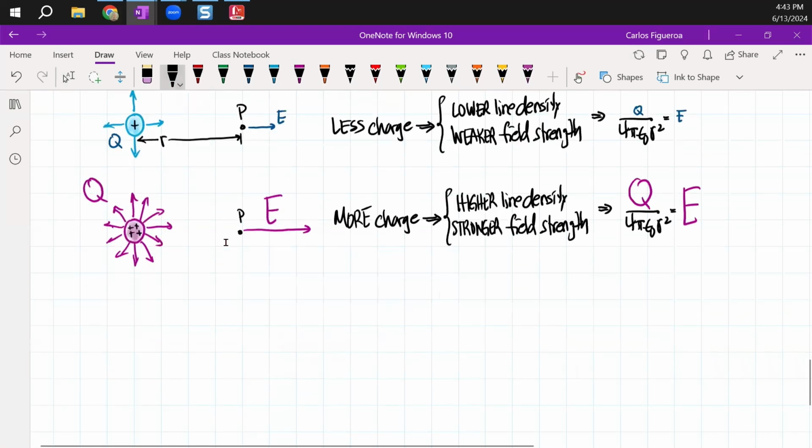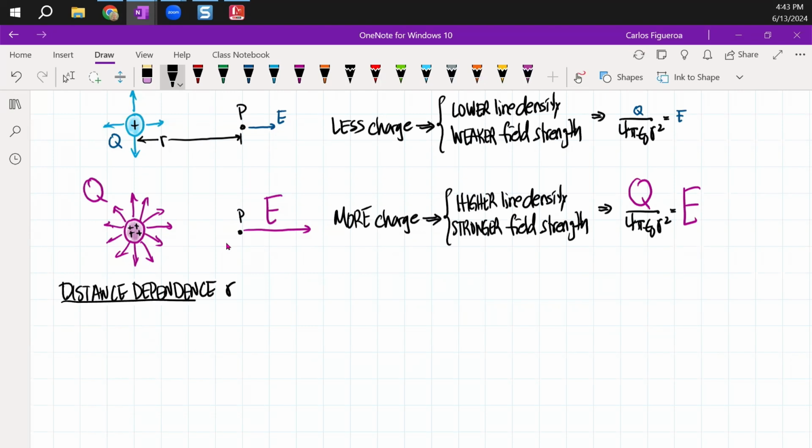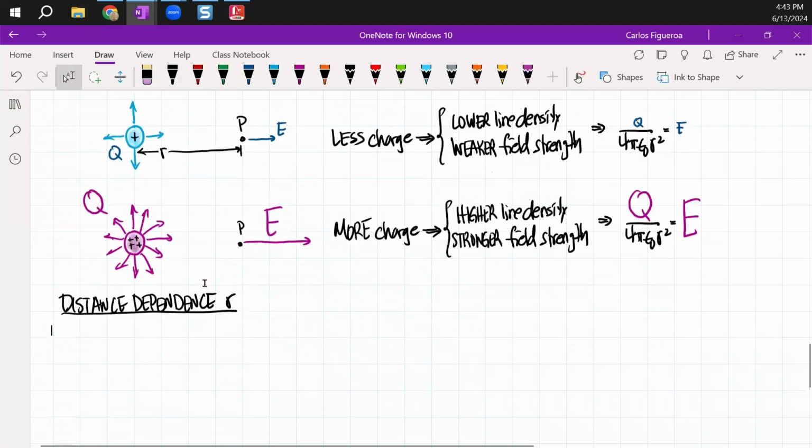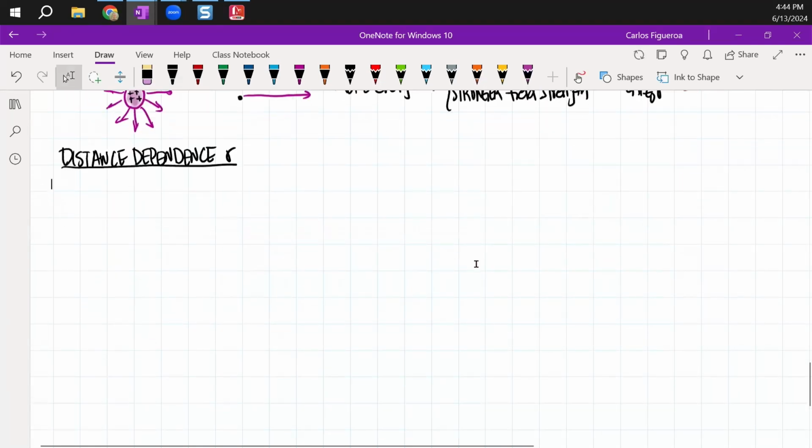The other thing that we want to look at is the distance dependence. So what I'll do here is set up two charges with the same amount of field lines.